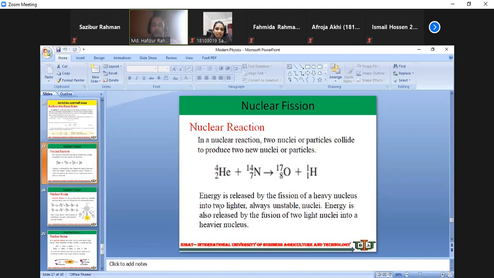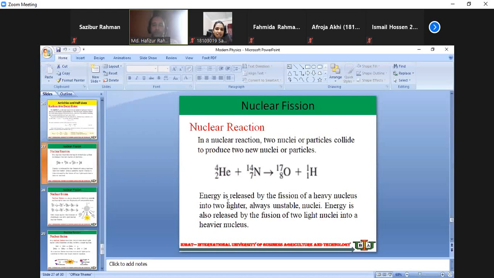Energy is released in all types of nuclear reaction. It may be a huge amount of energy in nuclear fusion, and in nuclear fission, a small amount of energy is released.